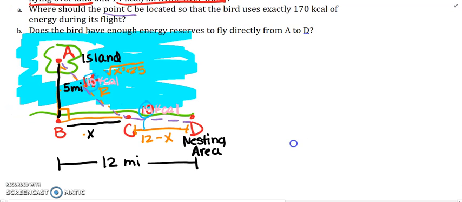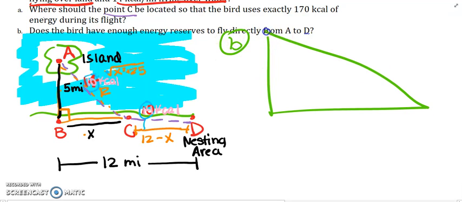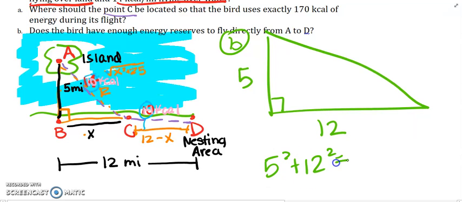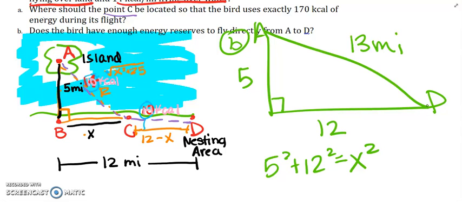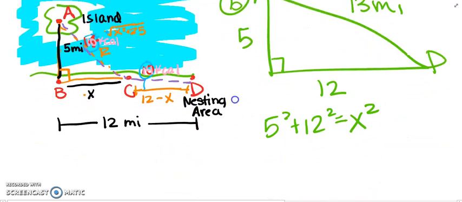Okay, go back up to B. Does the bird have enough energy to fly directly from A to D? Well, if I resketch this, this was 5, this was a total of 12. So if I do Pythagorean theorem, you'll determine that from A to D, he's going to need to be able to fly 13 miles. And it said this is all over water, and it was 14 kilocalories over water.